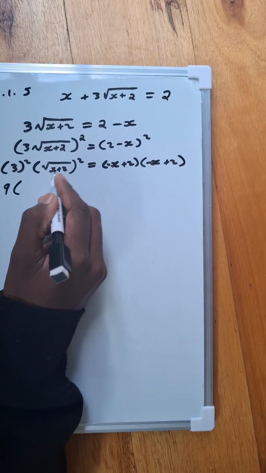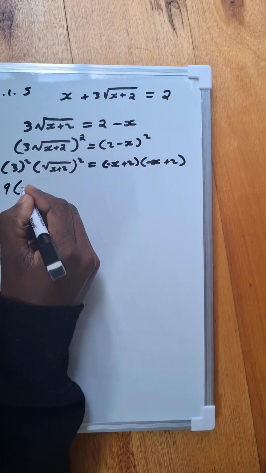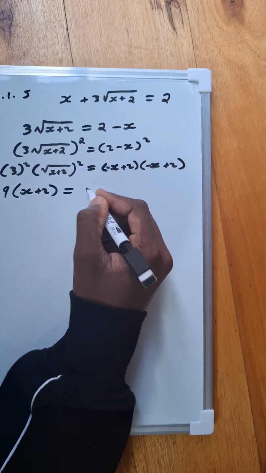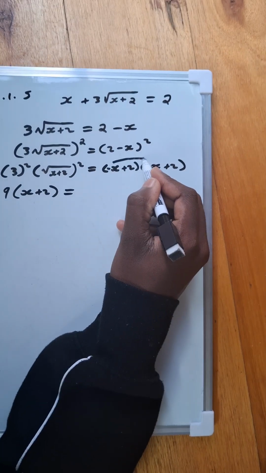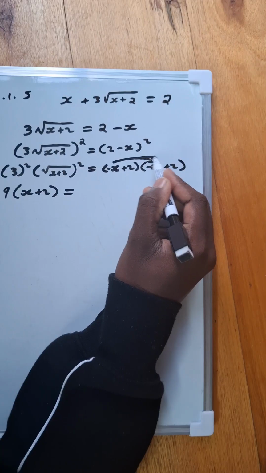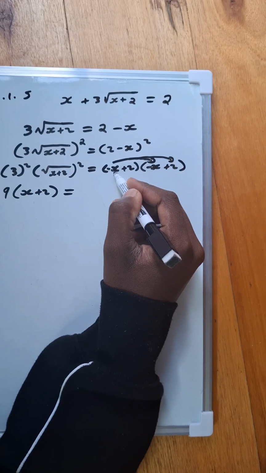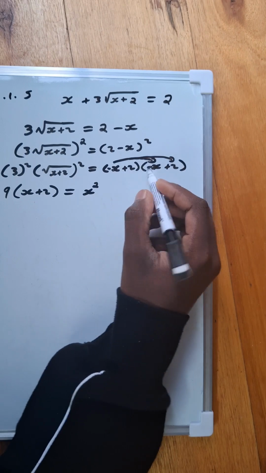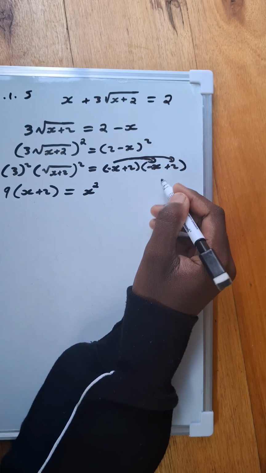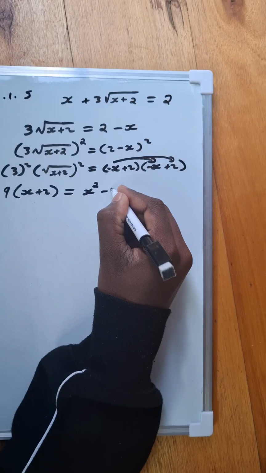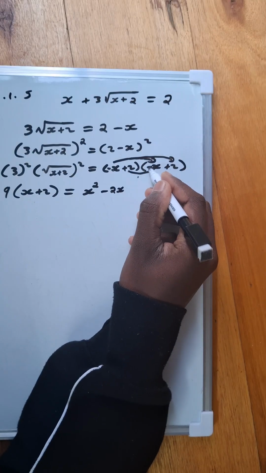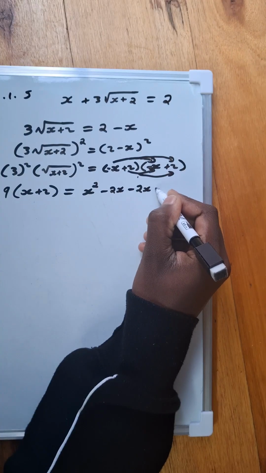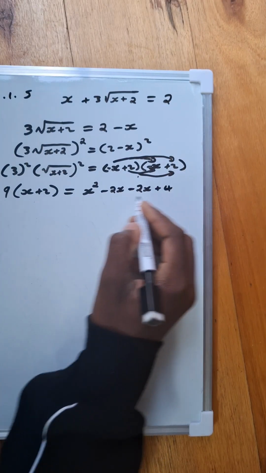Here the root sign is cancelled, so you are left with what's inside the root sign. So you do FOIL, first with first, first with seconds. So minus x times minus x is positive x squared. Minus x times 2 is negative 2x. Same applies, then it is minus 2x plus 4.